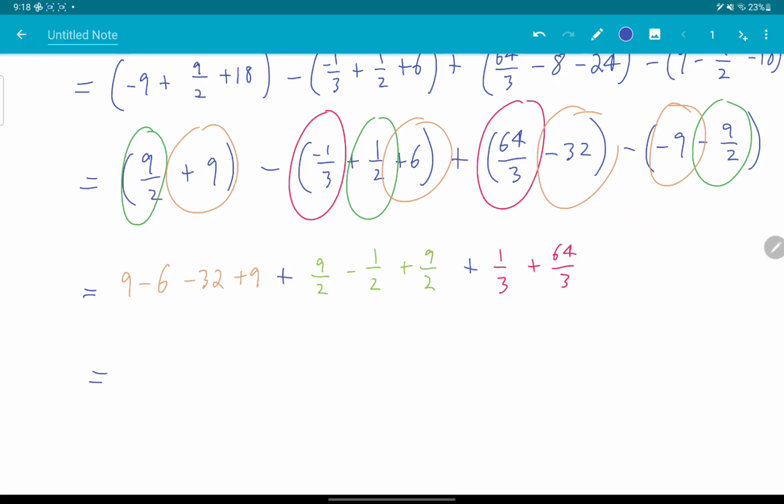All right. So I get 18 minus 38 minus 20. Here I get 18 over 2 minus 1 over 2 is 17 over 2.